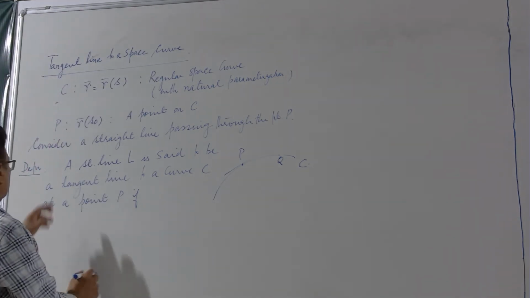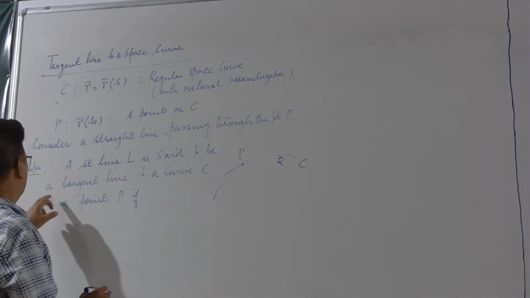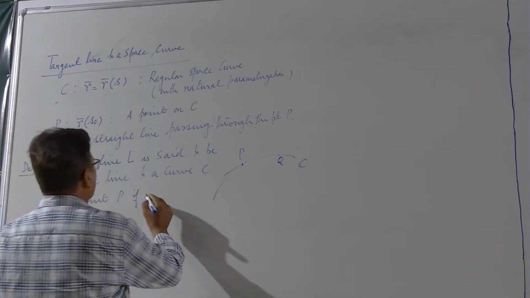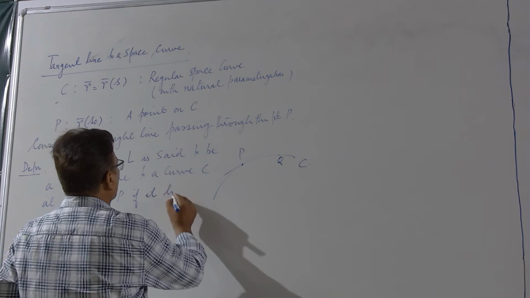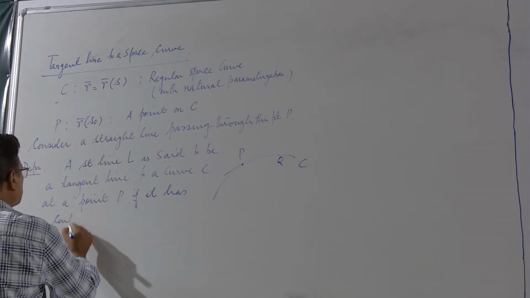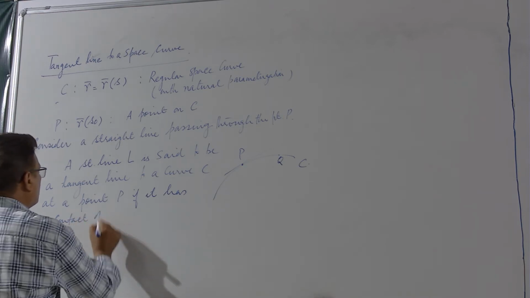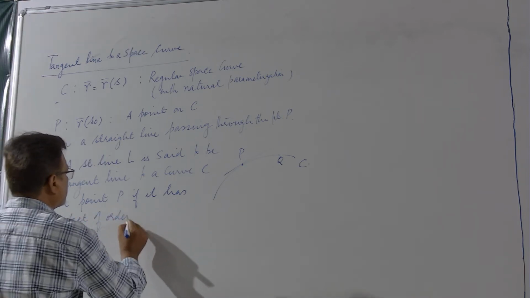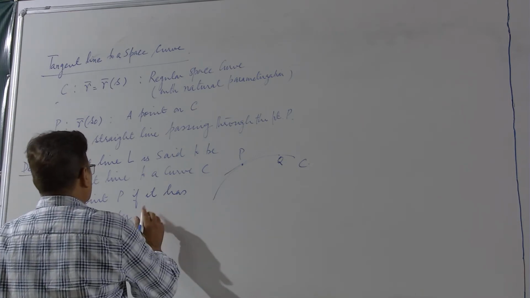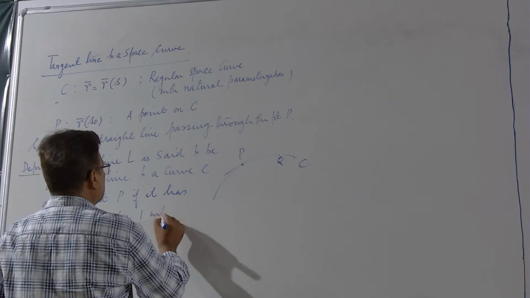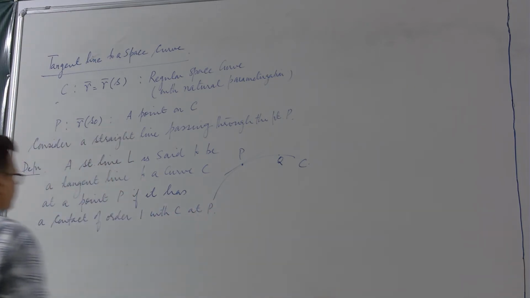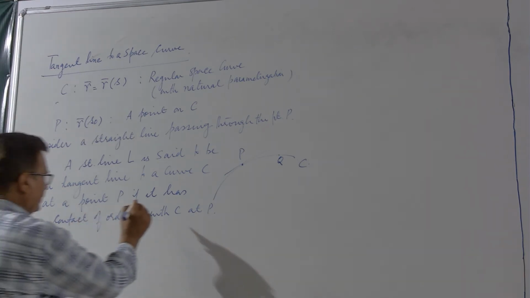A straight line L is said to be a tangent line to a curve C at a point P if it has a contact of order at least 1, or order 1, with C at P. So, this is the defining part.